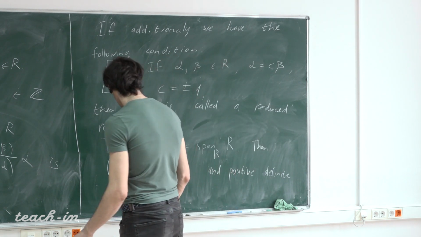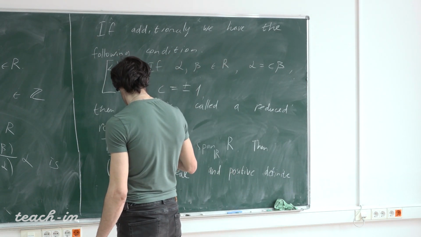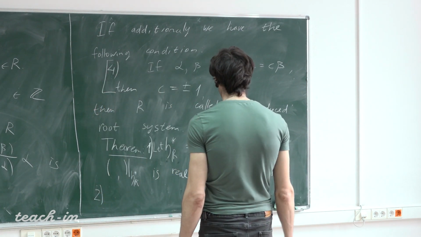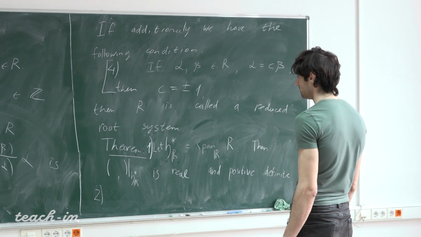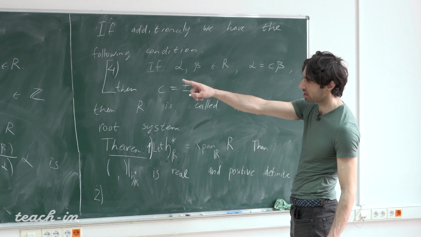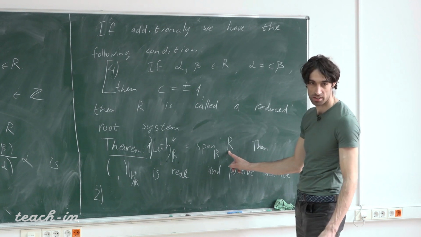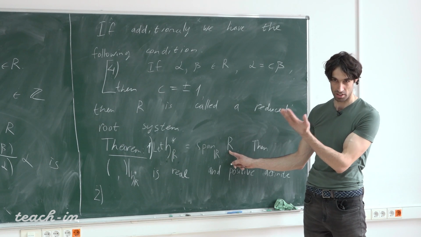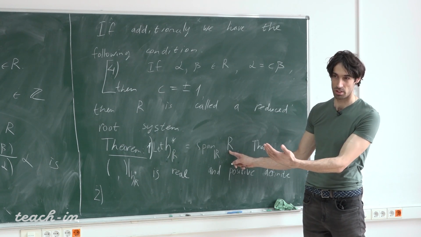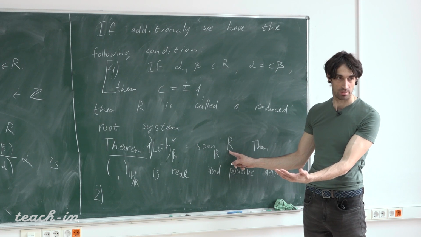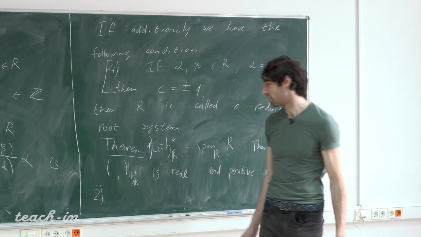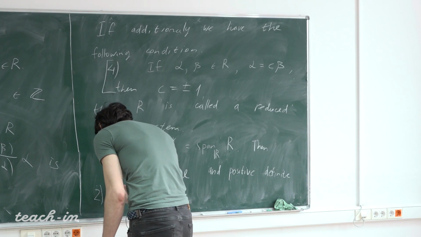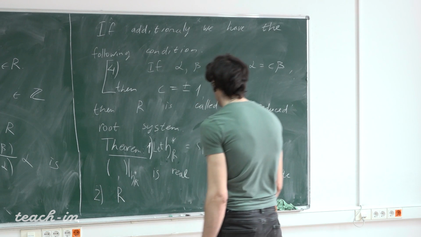And moreover, so this is part 1, and part 2 is that, again, if before R was just an abstract root system, this R is some root system that we fixed in the beginning of the lecture, corresponding to a semi-simple Lie algebra and Cartan subalgebra H. Then the second, this R, right?